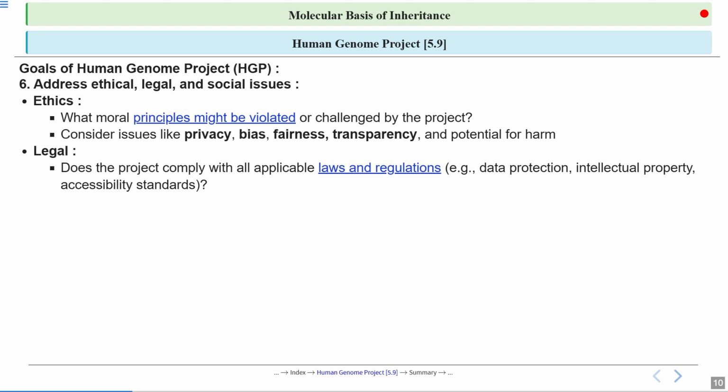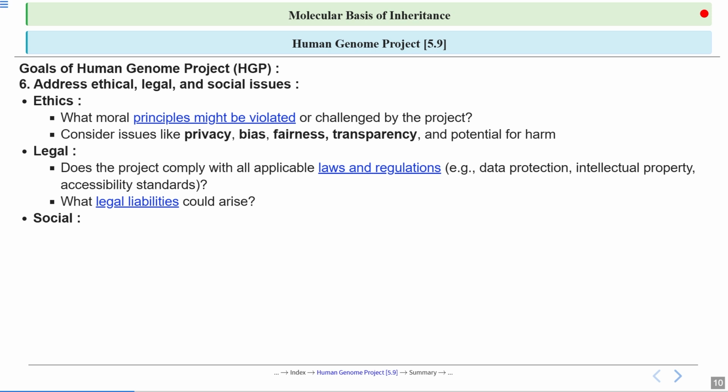They have to keep in mind that this project follows all the laws and regulations that apply when people are doing a scientific project. What legal liabilities could arise in the future? These are all things they have to keep in mind.